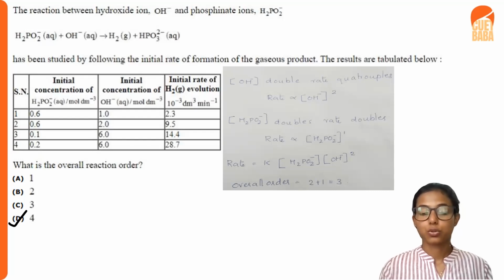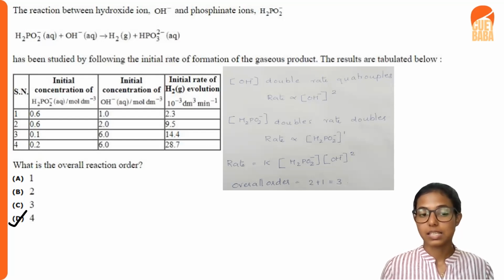In the next two rows, we can see the concentration of hydroxide ion is constant, that is 6.0, and the concentration of phosphinate ion is doubled from the third row to the fourth row. So here in the second case, the H2PO2 minus concentration doubles and the rate also doubles.